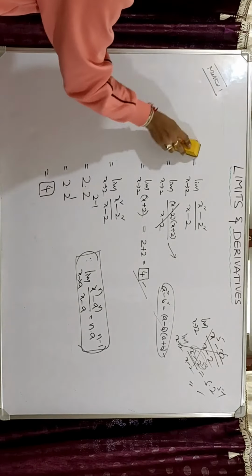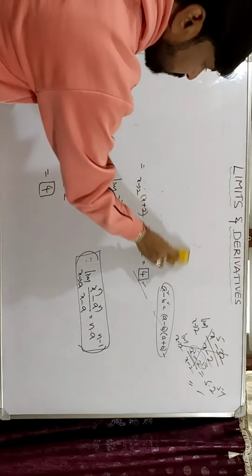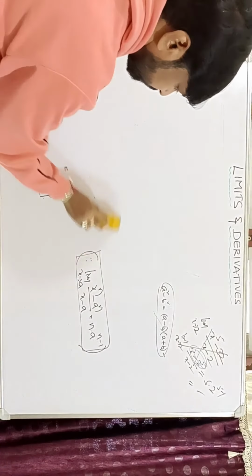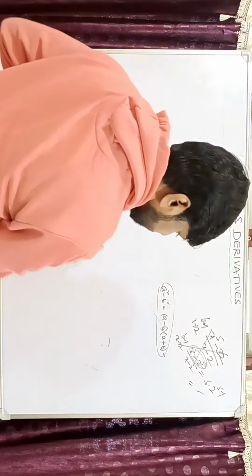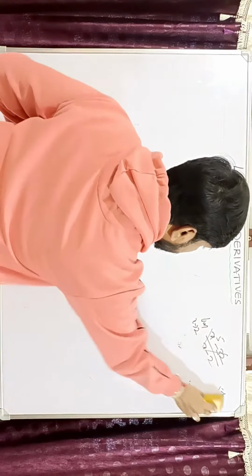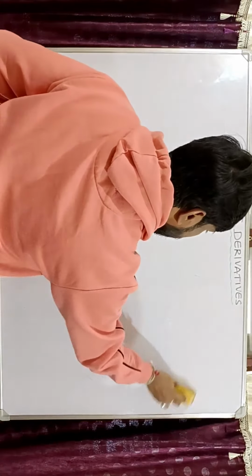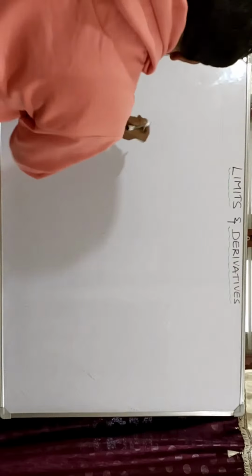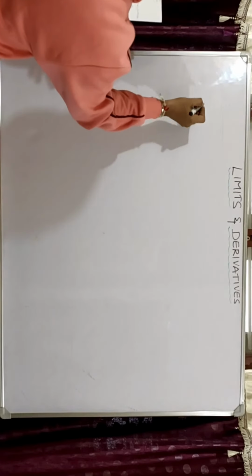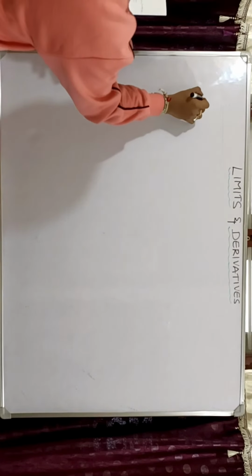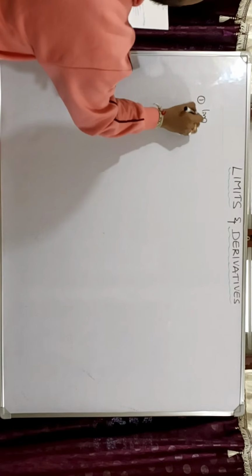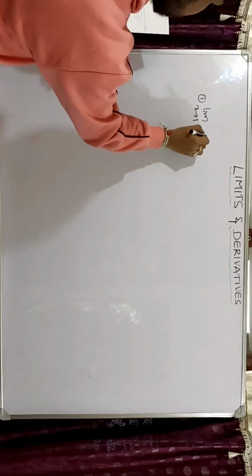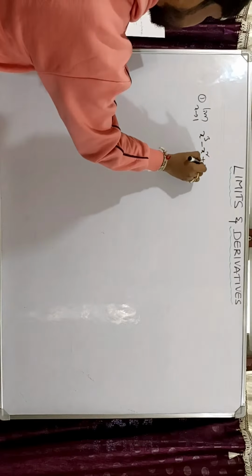Yeah, look carefully. Now we'll move to general questions. These kinds of questions are your easy textbook questions, and I will give you one by one. Let us try. Limit x tends to 1, x cube minus x square plus 1.